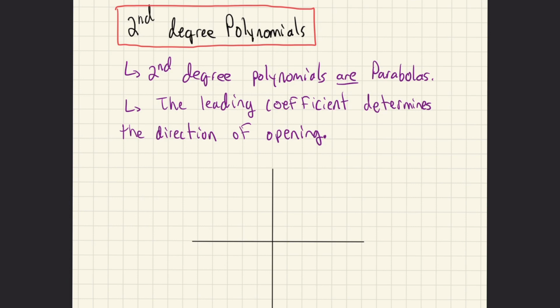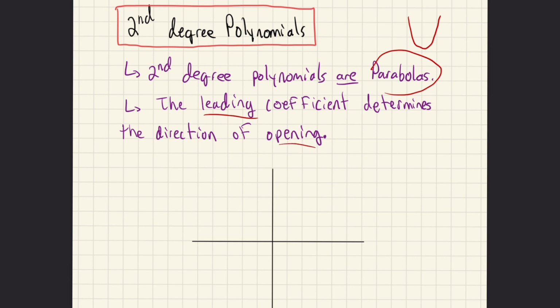So the last one that we're going to talk about in this video are something called second degree polynomials, and these are essentially parabolas, right? And if you remember, they have the general shape of kind of a curved V or a thin U. And so the leading coefficient, and remember that belongs to the constant in front of the highest degree term, determines the direction of opening.